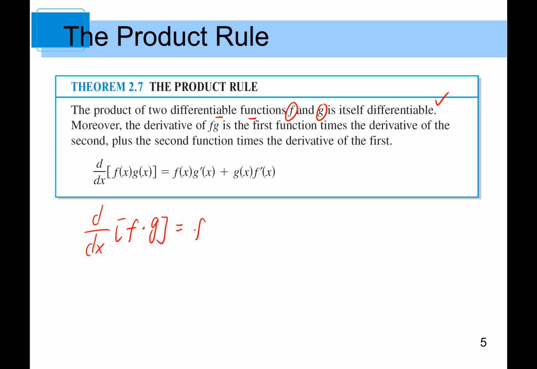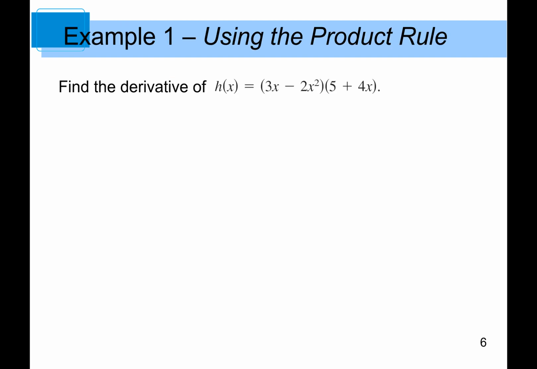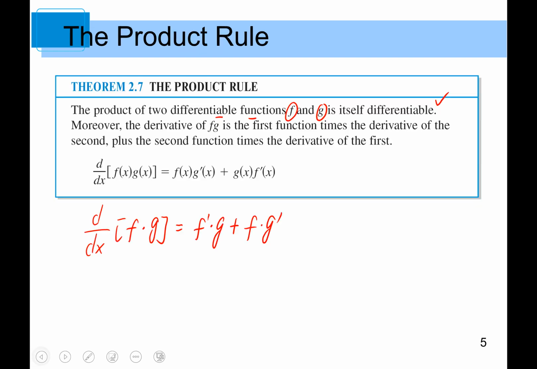So it's going to be f prime times g plus f times g prime. But if you put in the function notation, it will be f prime of x times g of x, plus f of x times g prime of x.